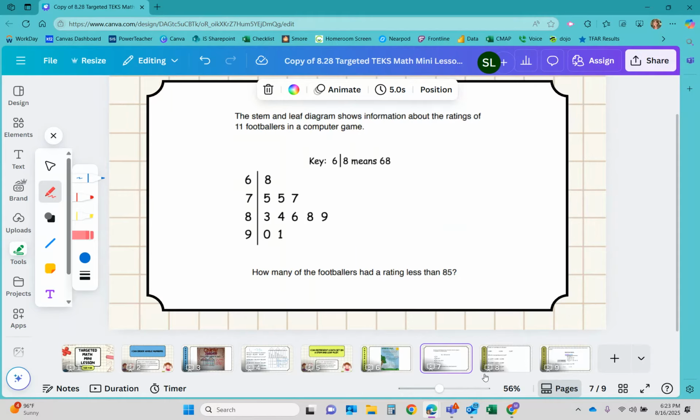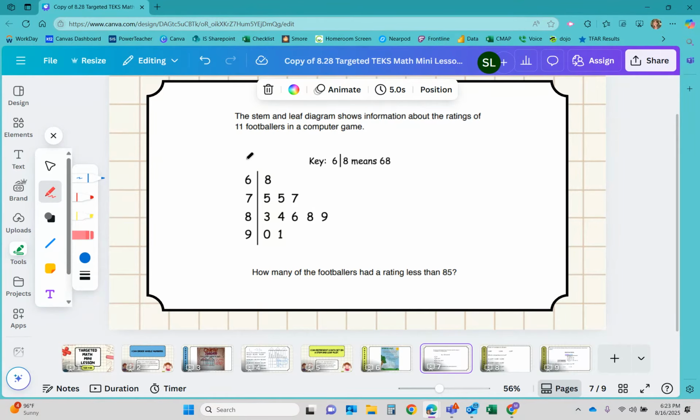So let's put this into practice. Here we have a stem and leaf diagram, and it shows information about the ratings of 11 footballers in a computer game. And this key shows us that 6-8 means 68. So let's see what our numbers are here.